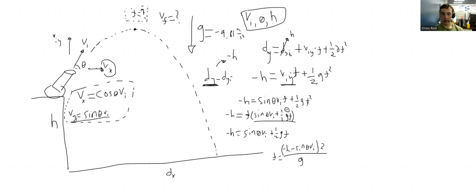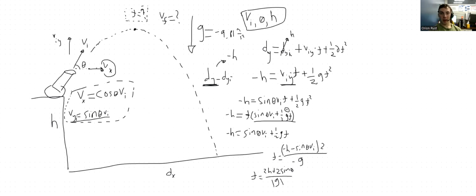We can make all of this positive, and we end up getting t equals 2h plus 2 sine theta vi, excuse me. That would have been disastrous if I forgot the 2. All over g. And now because we already used the negative on the g to cancel everything out, we can just use the absolute value of g.